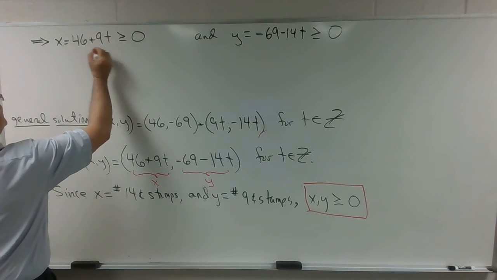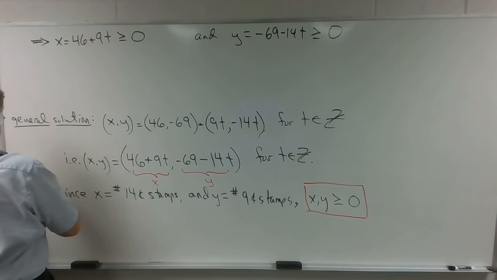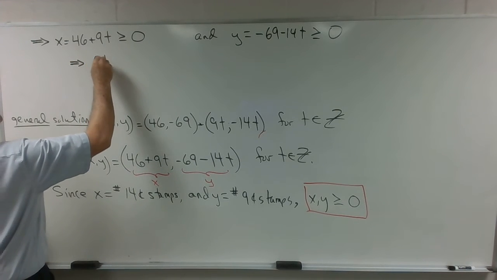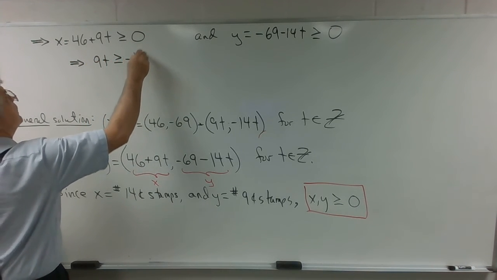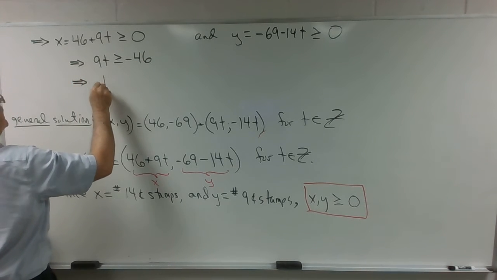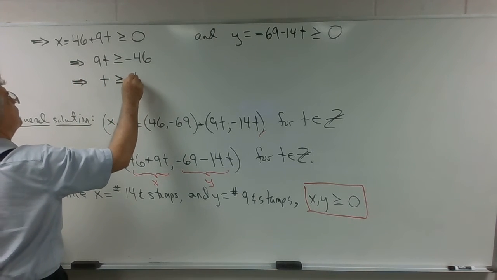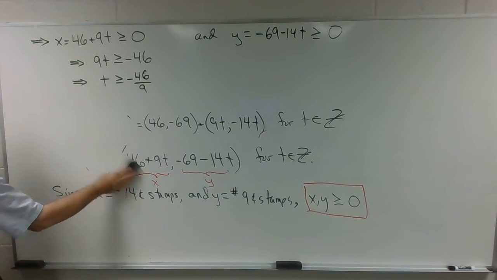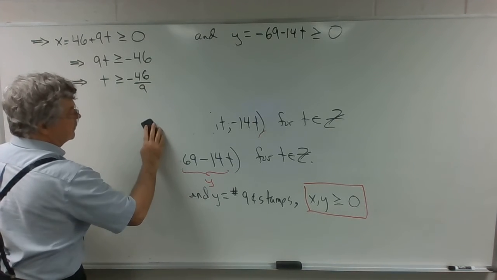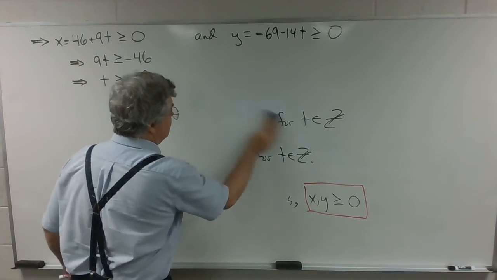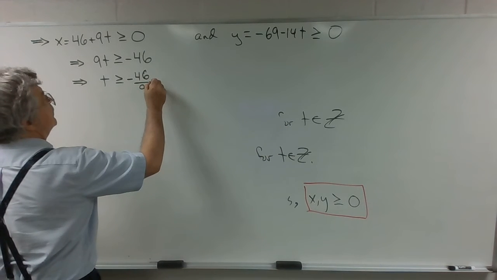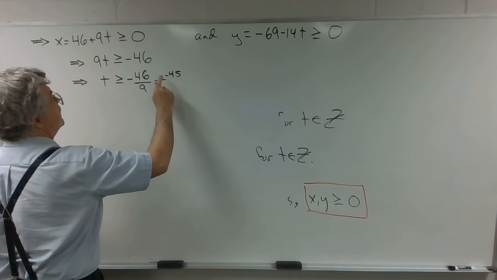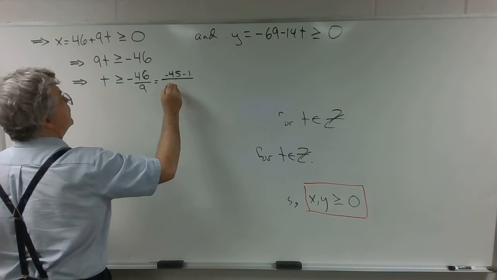I will subtract 46 from both sides. And I get 9t greater than or equal to negative 46. And I get t greater than or equal to negative 46 over 9. Which equals negative 45 minus 1 over 9.